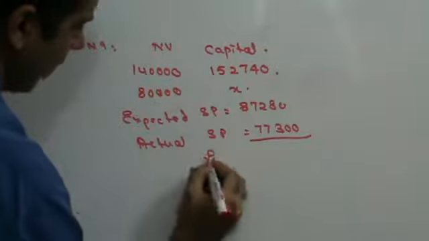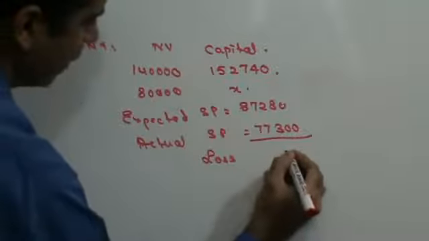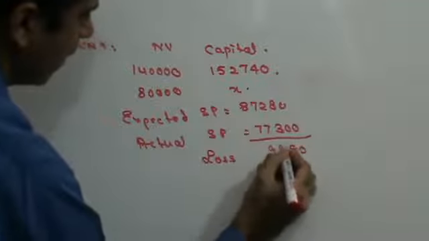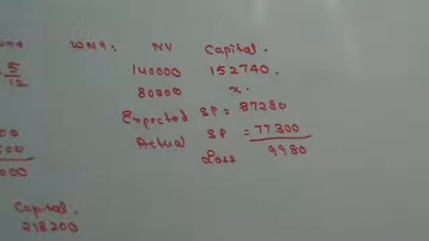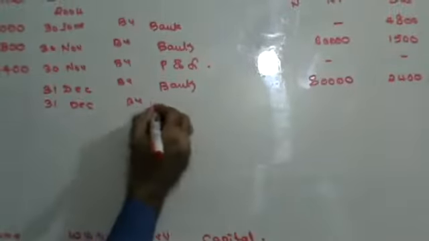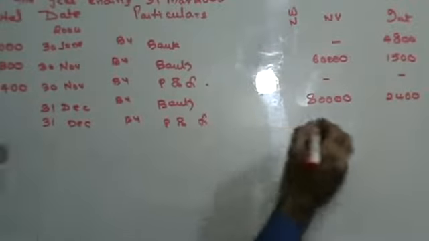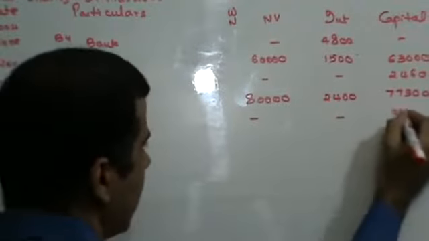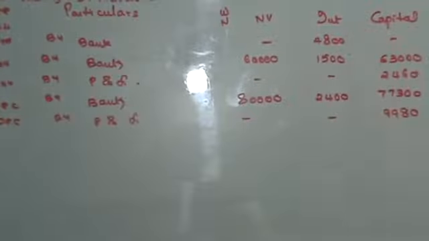That means I'm incurring a loss. Someone please help me calculate the loss. 9,980, 31st December, by P&L. I'm incurring a loss of 9,980. Okay, once this is done, let's make the interest payment due.